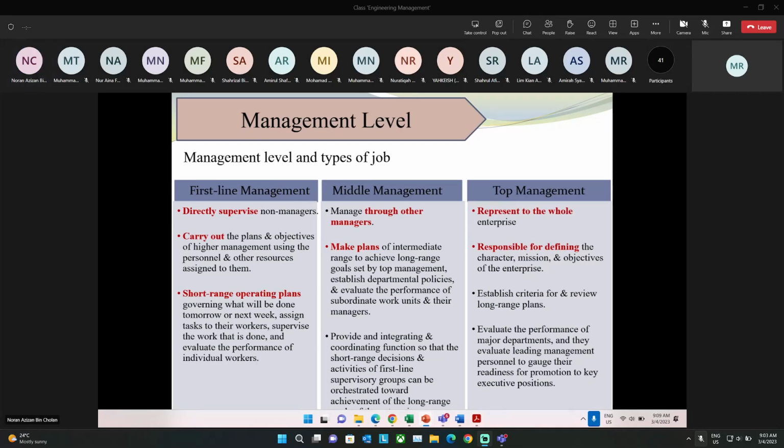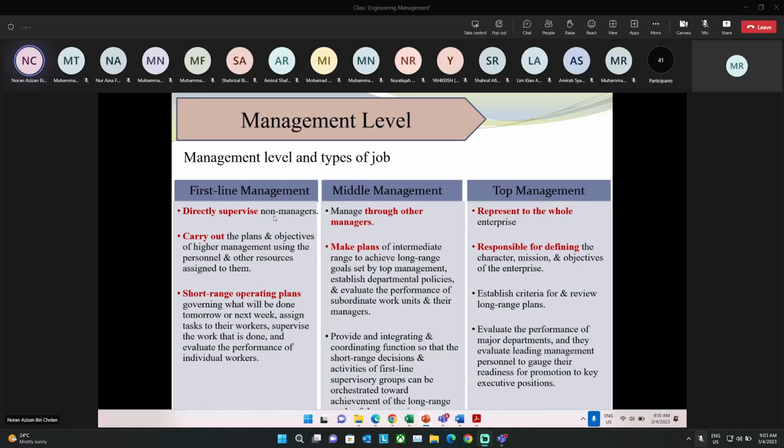Okay. Next, I want to explain about the job of this management level. First is the first line management. They directly supervise non-managers.